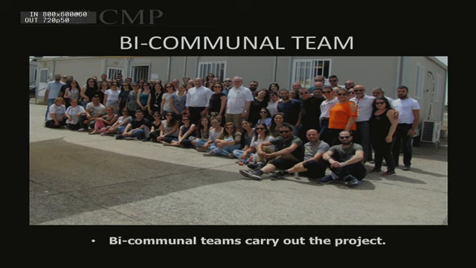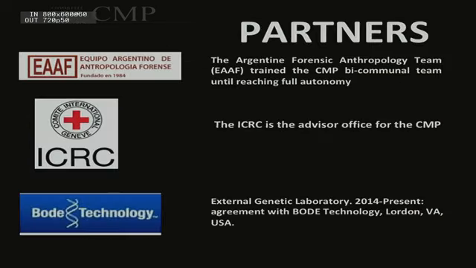This is our bicommunal team which carries out the project all over the island. Over 60 members of the bicommunal team are working on the different phases of the project. And these are our main partners. EAF established the lab from the beginning, 2006 to 2008, and they are the external consultants who come and evaluate our work.